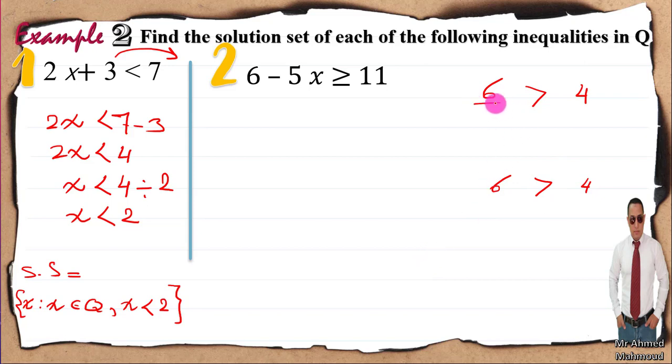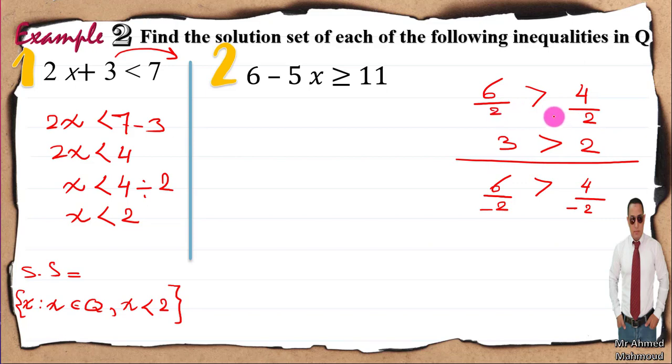Now, what will happen if I divide here by 2 and here by 2? 6 divided by 2 equals 3, and 4 divided by 2 equals 2. Which one is bigger, 3 or 2? It's 3. So when I divide by a positive number, the inequality sign will not change.